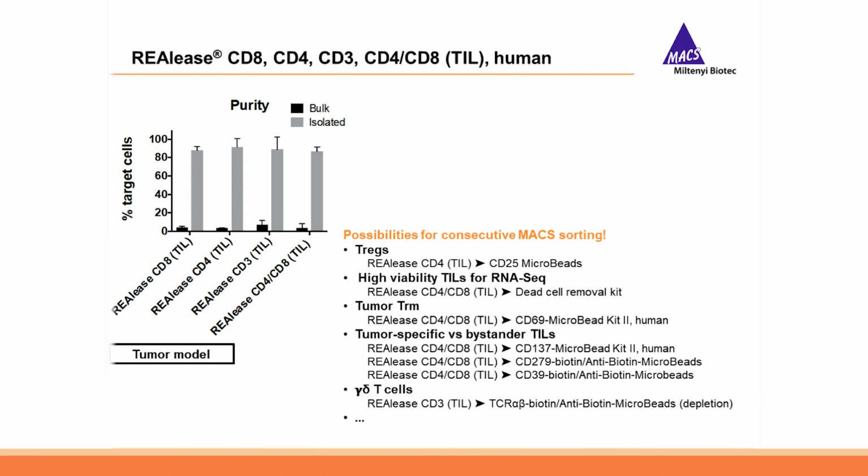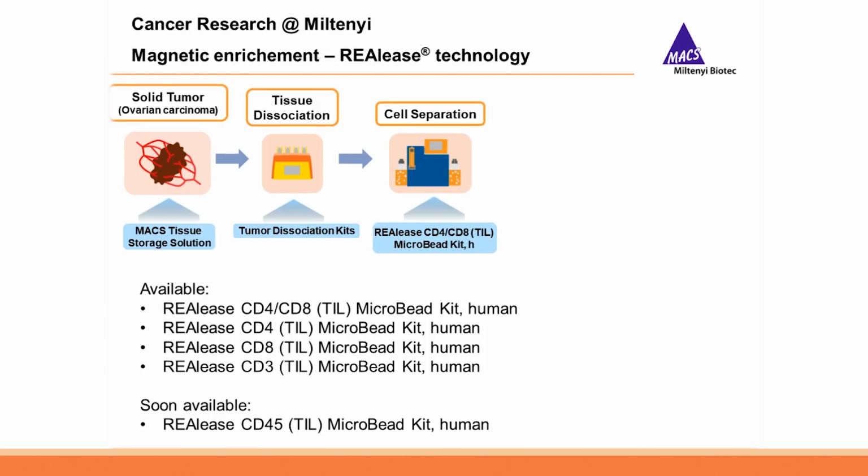We can generate high viability TILs for RNA-seq using the dead cell removal kit after T cell isolation. We can isolate tumor-resident memory T cells, isolate tumor-specific versus bystander T cells. We can isolate untouched gamma delta T cells, and so on.